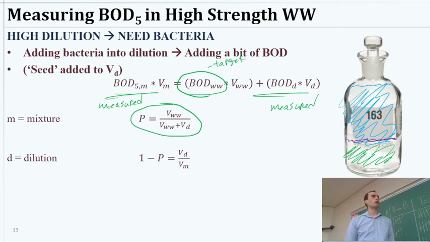We're now calling it VD for dilution. One thing to keep in mind here is you can actually say 1 minus P is equivalent to the volume of dilution divided by the volume of the mixture. It's just a bit of fraction analysis.